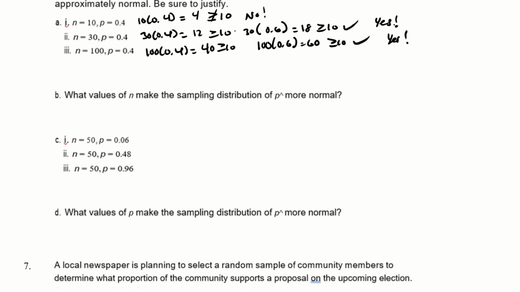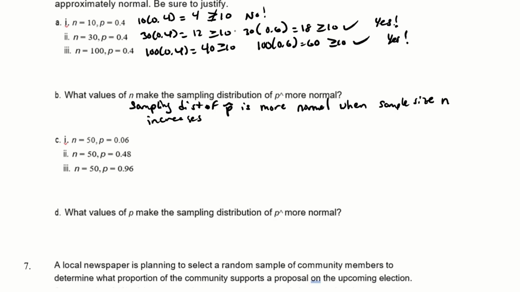So the sampling distribution of p-hat is more normal when the sample size n increases.